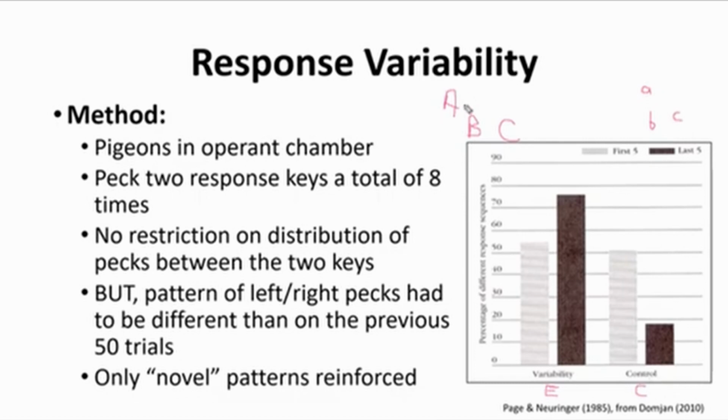And so whenever pigeon big A would make a response that had not been seen before and received reinforcement for that novel response, so they get food, then their yoked compatriot would also receive reinforcement. That way we can directly compare the rate of reinforcement between the 2 groups without these guys receiving reinforcement that was contingent upon their behavior.